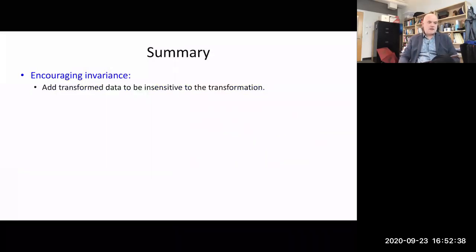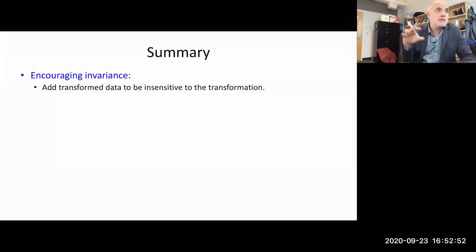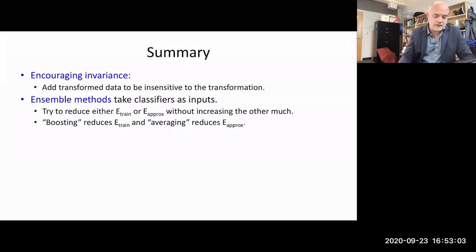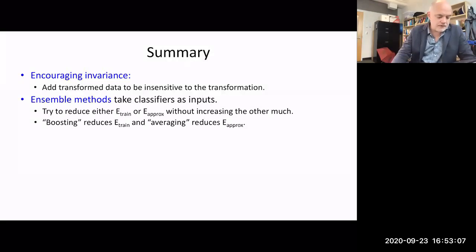Almost in time. So some key things that we talked about today are encouraging invariance, or populating your feature space with more examples by transforming your data such that your classifier becomes invariant to transformations that you don't care about, like translations, rotations, scales, warps, that sort of thing in images, and similar things in other perceptual domains.